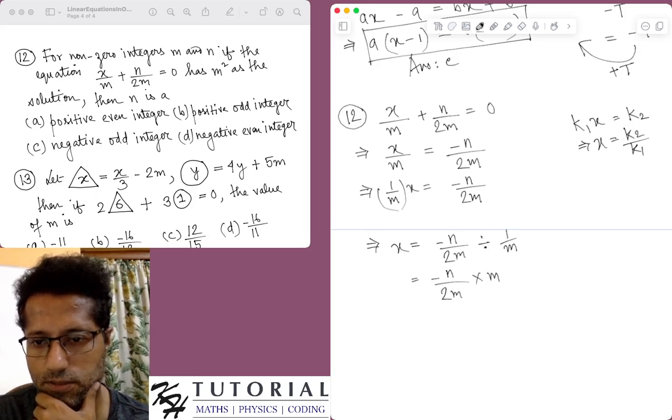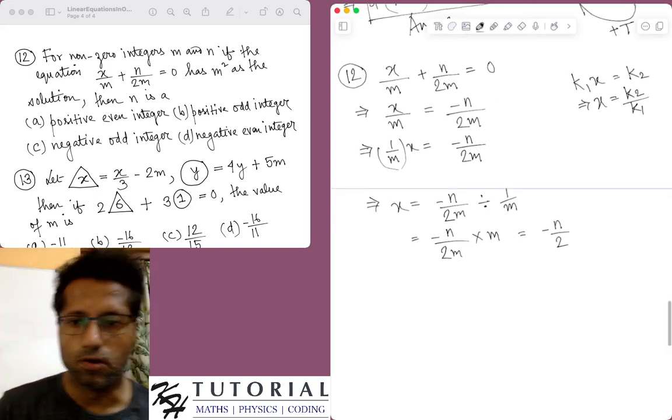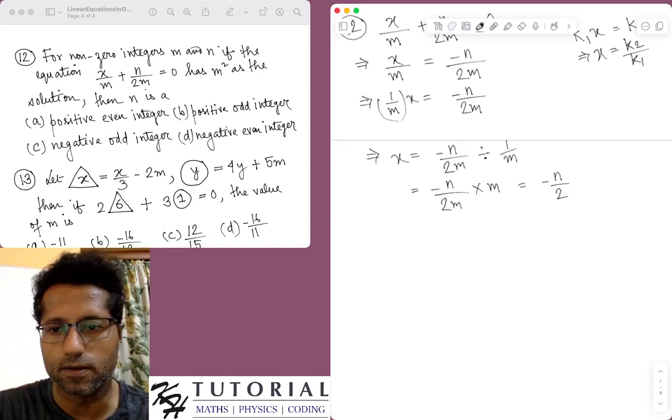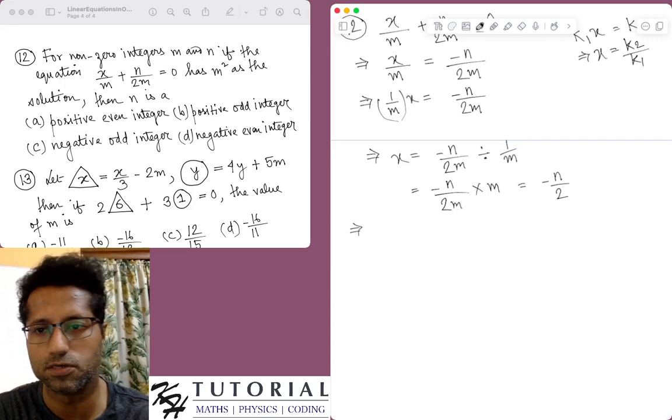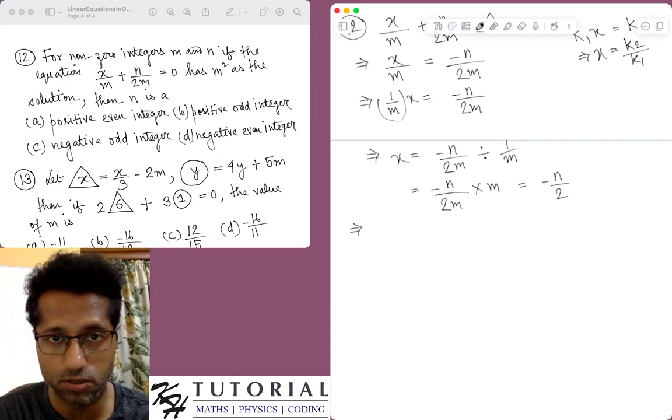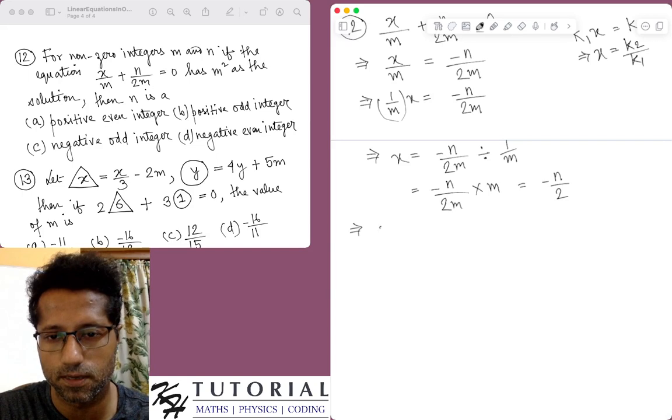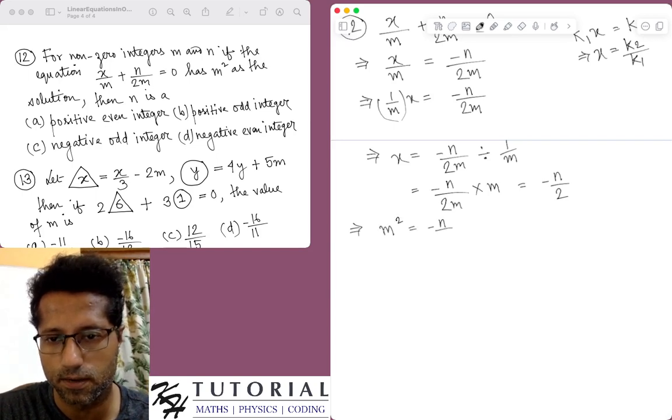So m cancels out. This is minus n by 2. Now it is given that the solution is m square. So the solution we found from the equation is minus n by 2, and it is also given that the solution is m square. So this implies m square equals minus n by 2.